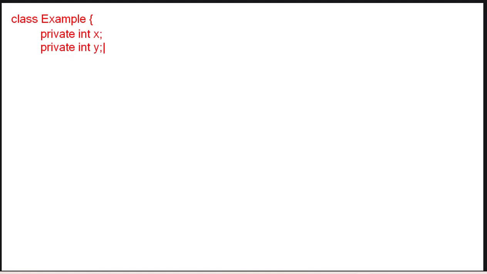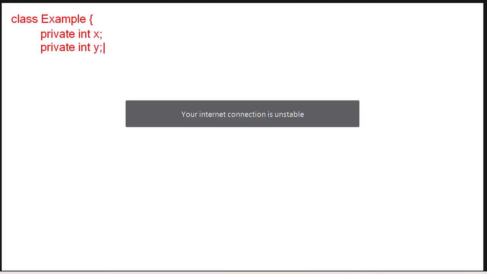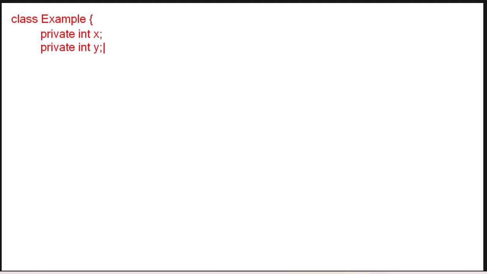These two variables must be initialized when a new object is created. If I assign the value directly here, it is stored in all objects, and I don't want that. So when new memory is created, I want to initialize the x variable and y variable.